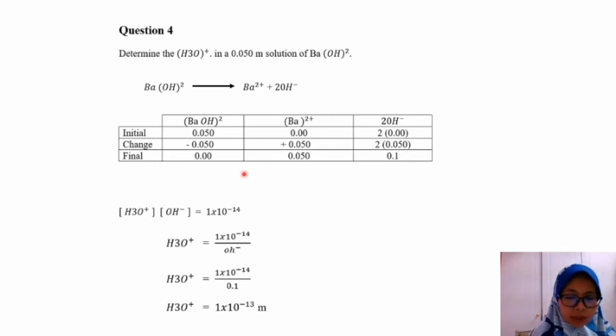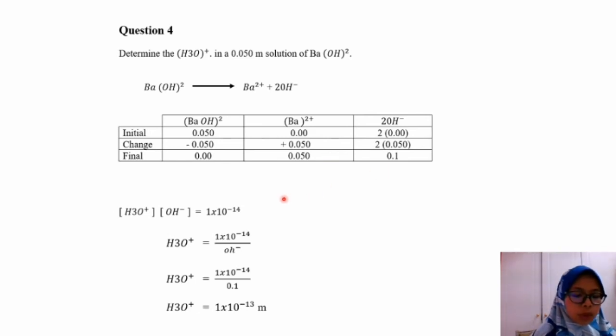So final, you have no more Ba(OH)2, so 0 here, and you have concentration of Ba2 positive which is 0.050 and concentration of OH minus which is 0.1.